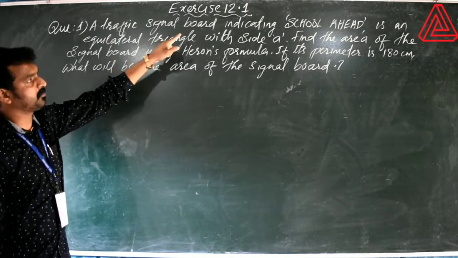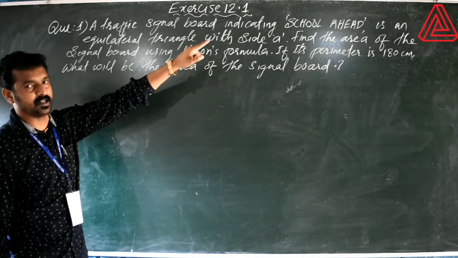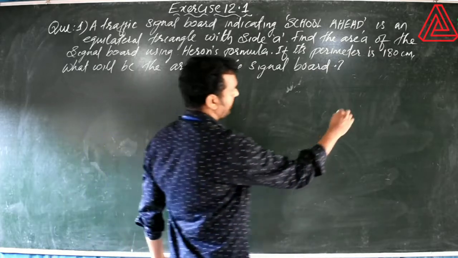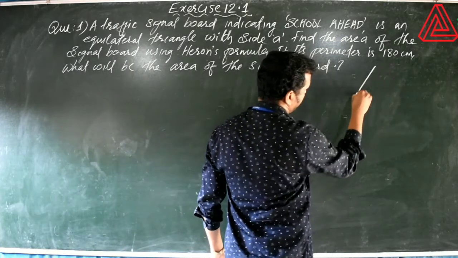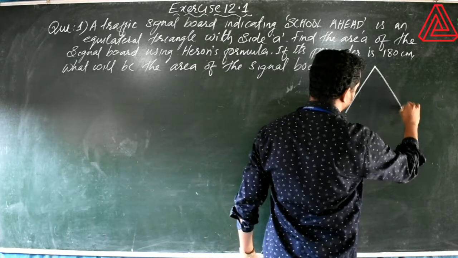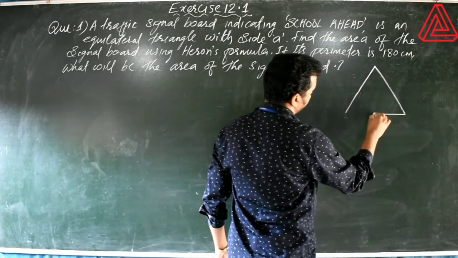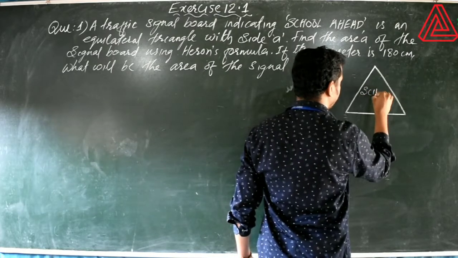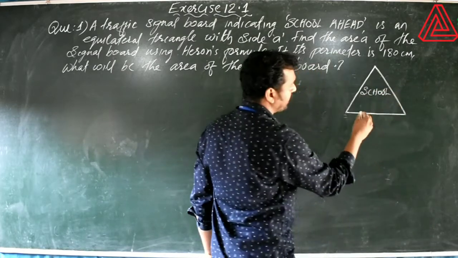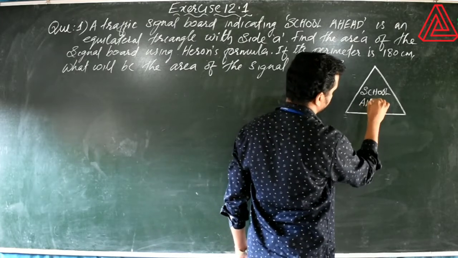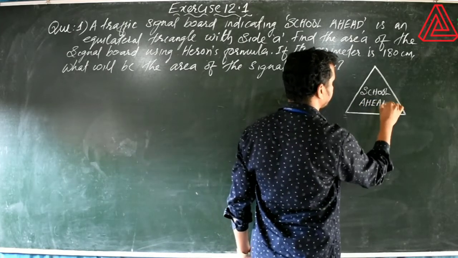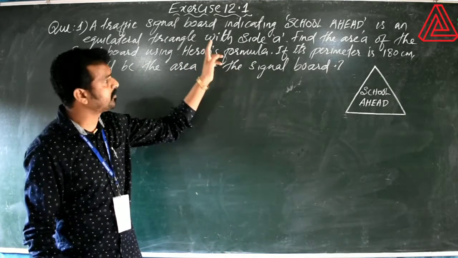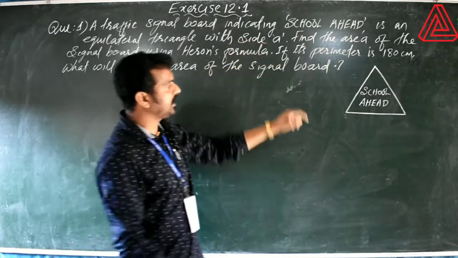It may be like this, a traffic signal board in the form of an equilateral triangle, with a school ahead written inside. It shows that a school is nearby, and that there is a signal board in the form of an equilateral triangle with side a.